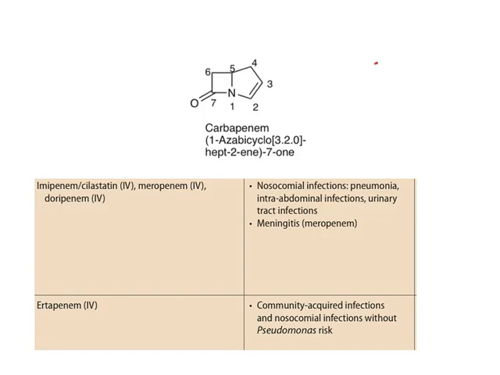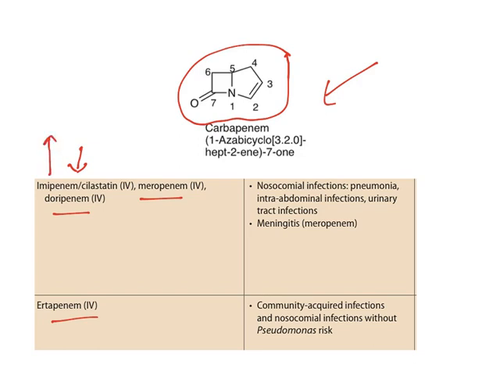Now next one, carbapenems. We have seen about the heterocyclic ring. In this you have imipenem, cilastatin, meropenem, doripenem, and ertapenem as the drugs. Now imipenem, the problem with imipenem is it is metabolized by renal dehydropeptidase. So this enzyme will metabolize imipenem and the half-life is very much reduced.